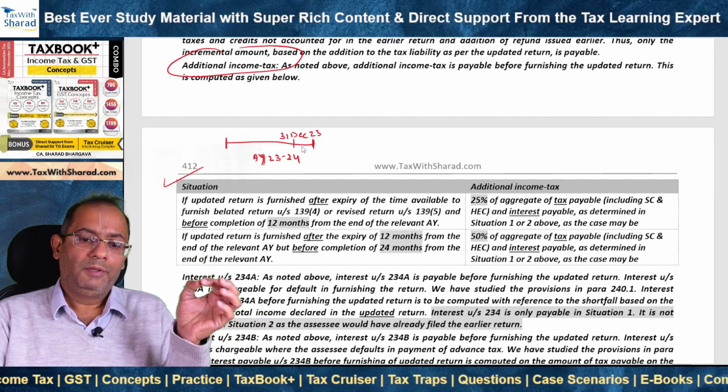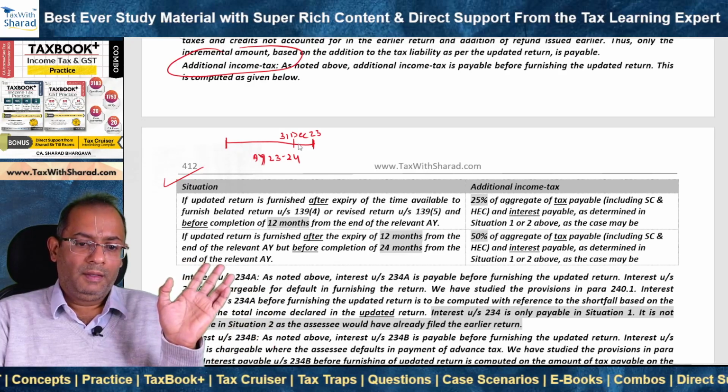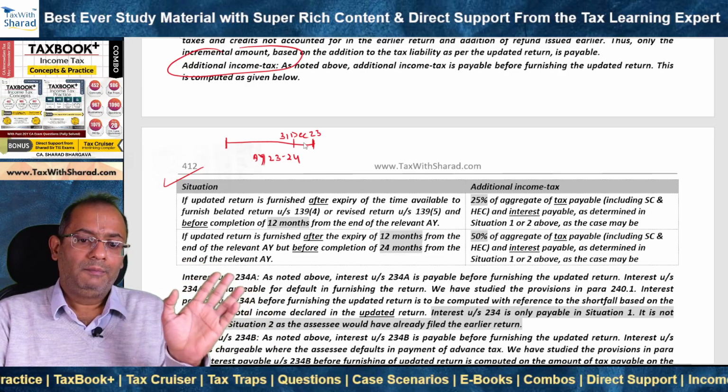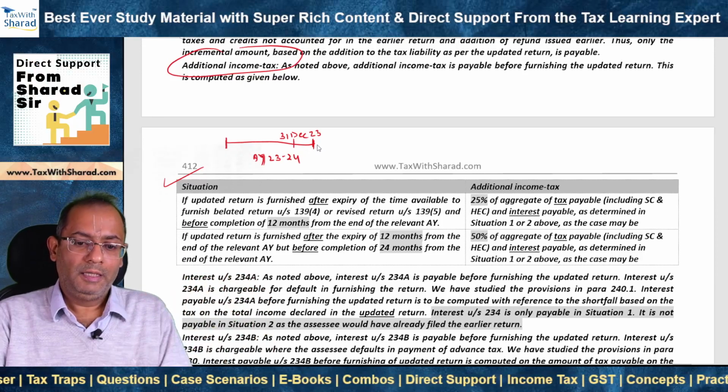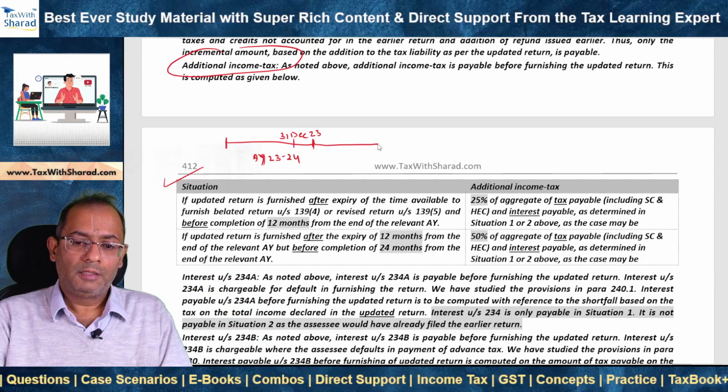If the person has not furnished the return by this date, then an updated return can be furnished even beyond this date, but up to 2 years.